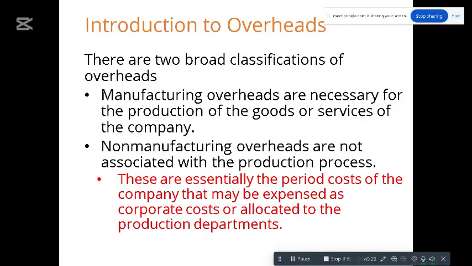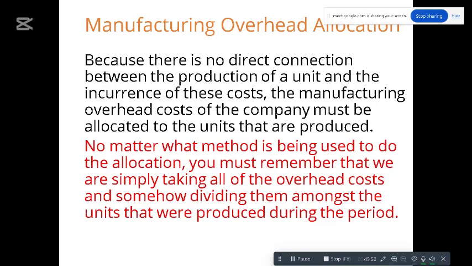There are two broad classifications of overheads: manufacturing overheads and non-manufacturing overheads. Manufacturing overheads, another name for that, factory overheads, production related overheads. Non-manufacturing can be administration, marketing, sales, distribution, all these are non-manufacturing overheads. Because there is no direct connection between the production of a unit and the incurrence of these overhead costs, manufacturing overhead costs of the company must be allocated to the units that are produced.